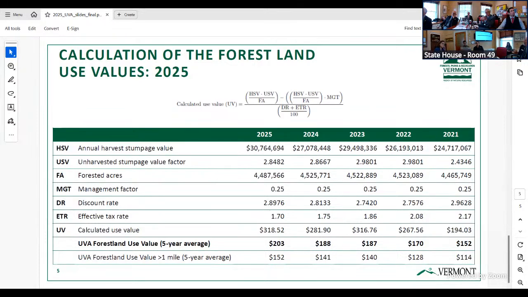Representative Lipsky. I'm going to go to the top of the HSV annual harvest stumpage value. And I'm thinking about, obviously, chip wood is a low-end product that you may value at $10 a ton from a stumpage perspective, or I don't know what you value it at. But because there are chip markets, state buildings, universities, colleges, hospitals, schools, all over the state that are consumers of this low-grade volume.